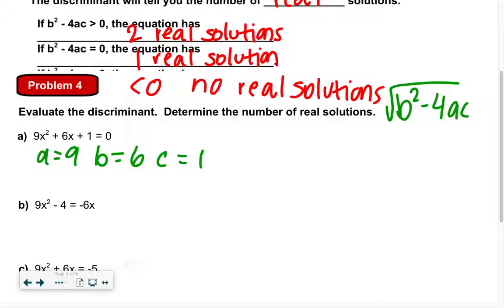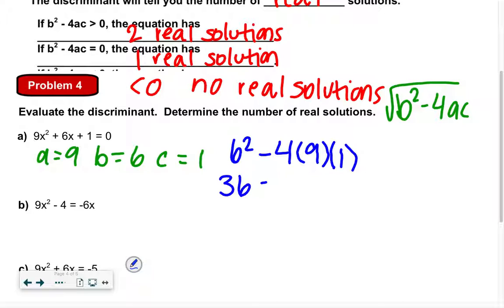So like we did yesterday, my B is 6, so 6 squared minus 4, A is 9, C is 1. 6 squared gives me how much? 36. What's 4 times 9? What's 36 minus 36? So how many solutions are there going to be?